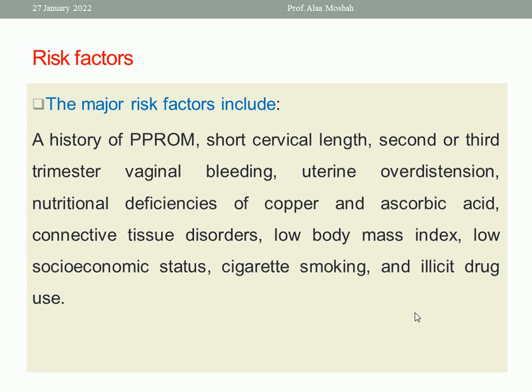Risk factors include second and third trimester vaginal bleeding, uterine overdistension like multiple pregnancy, like polyhydramnios. The patient has a history of previous preterm prelabor rupture of membrane, or short cervical length. The patient documented that she has a short cervical length.